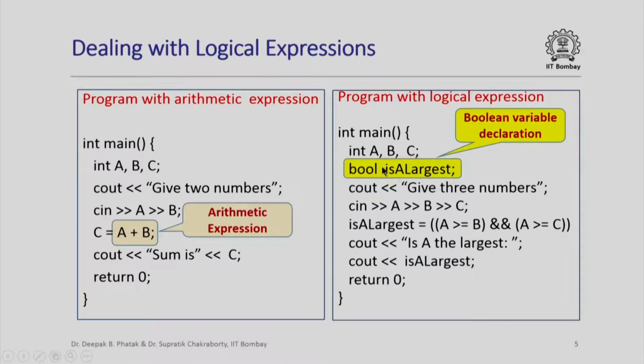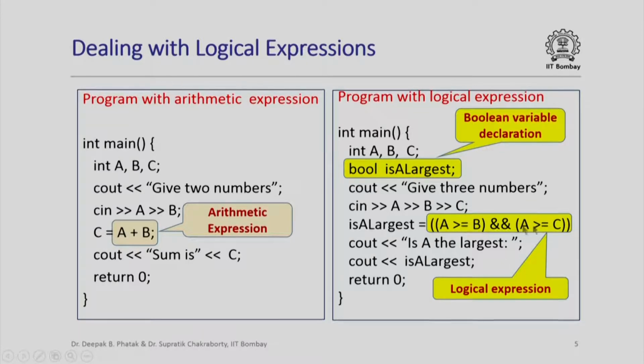Most likely this variable should be set to true if a is the largest of the three values a, b, c. And then we say give three numbers, this message is output on the screen, and then we read three numbers and then we compute the value of this boolean variable isALargest in this manner, and this is what we are going to call a logical expression.